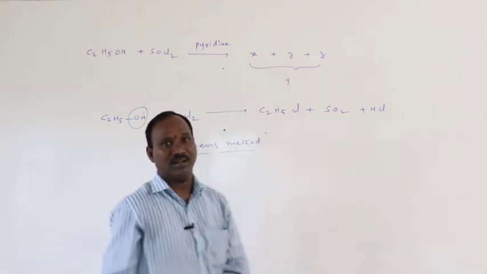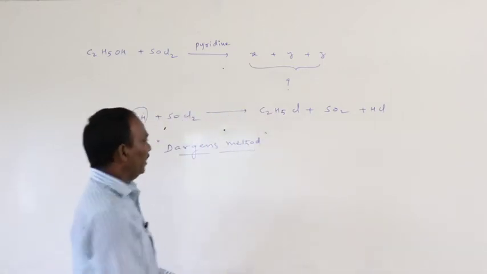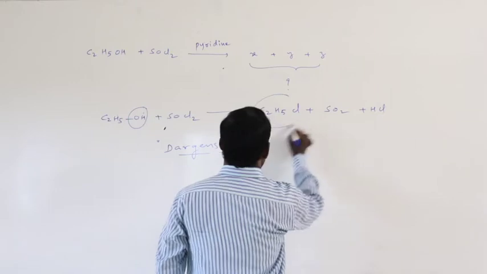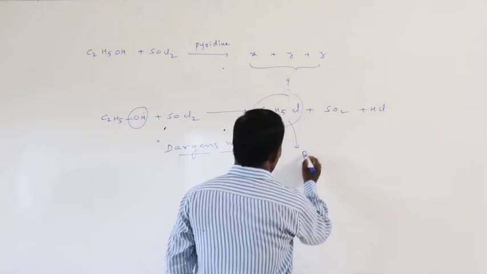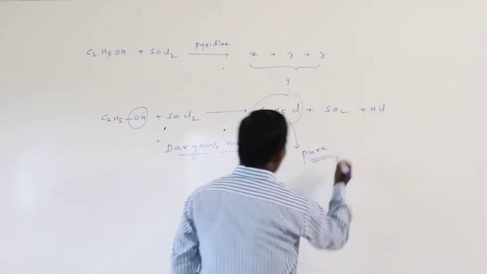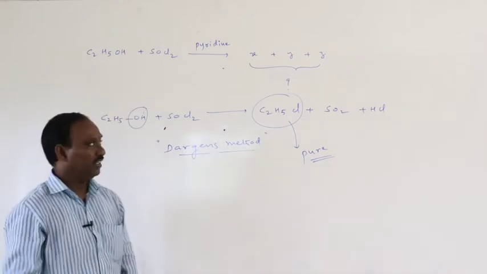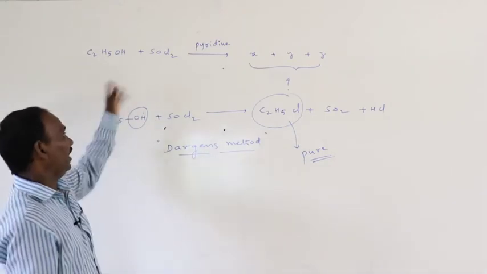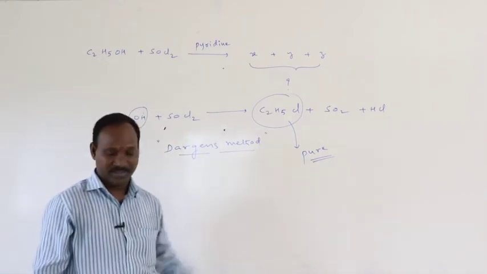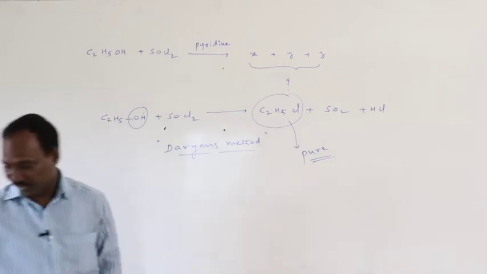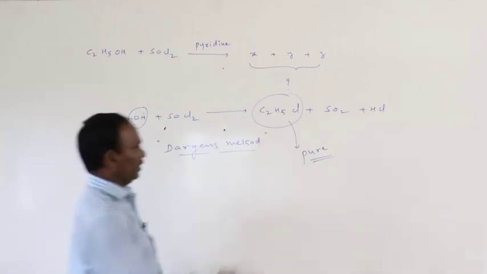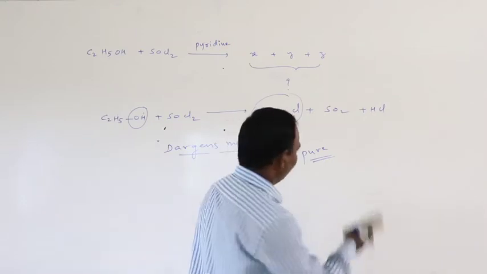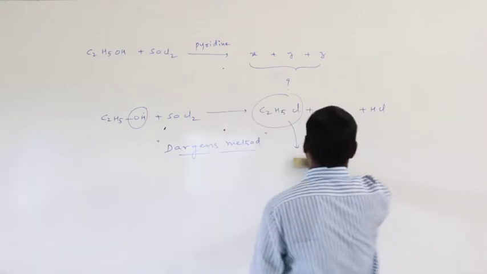In this method, ethyl chloride is obtained in pure form. The pure state of ethyl chloride is obtained in this reaction. Okay, so X is ethyl chloride, Y is sulfur dioxide and Z is HCl.